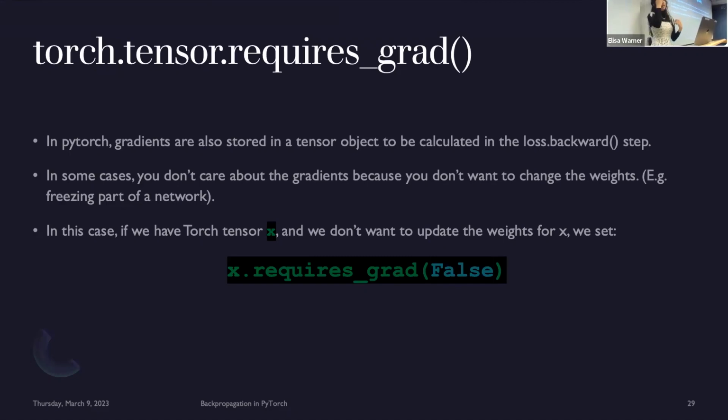Sometimes it's just using up memory, and we don't want to backpropagate through those values. One example is if I'm using a set of pre-trained weights and I don't want to update them, I just want to freeze the network. Then I can use this method called requires_grad. If my torch tensor is called x, I just say x.requires_grad equals false, and then it won't store anything in that grad attribute.